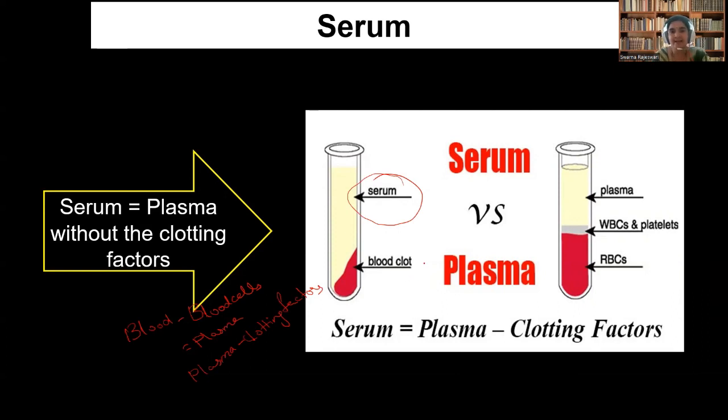So in the blood, when the blood cells are removed, we call it plasma. And in the plasma, when we remove the clotting factors, then we call it serum. Okay. So serum is plasma minus clotting factors.